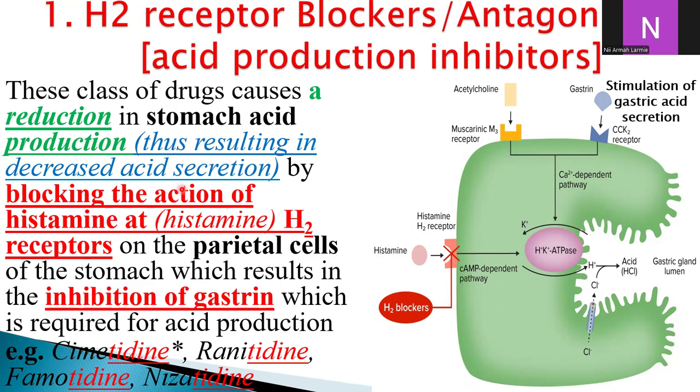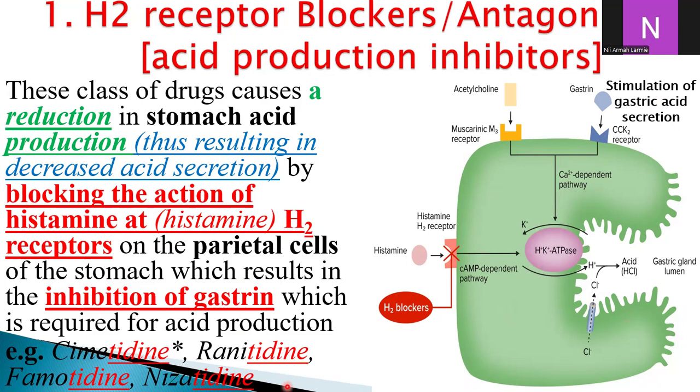And it does so by blocking the action of histamine at the histamine H2 receptors that are found on the parietal cells. Because histamine works together with gastrin and acetylcholine for the production of the acid, once we are able to inhibit histamine, gastrin is automatically inhibited and less acid is produced.